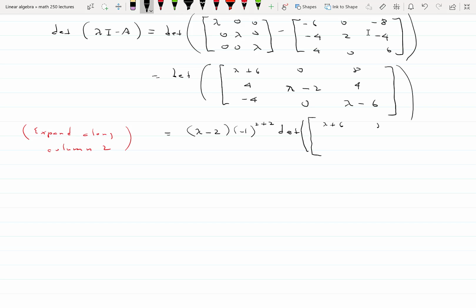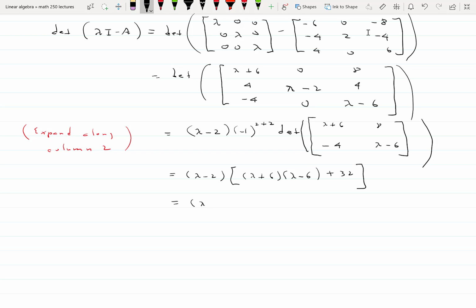So let me do that here. It's been a long time since we looked at a determinant, expanding one by hand here. Okay, so this determinant isn't too bad. We have lambda minus 2, negative 1 to the 2 plus 2 is just 1, times a 2 by 2 determinant now. The determinant of a 2 by 2 matrix is just lambda plus 6 times lambda minus 6, and then cross multiply upwards, so minus negative 4 times 8, so plus 32.